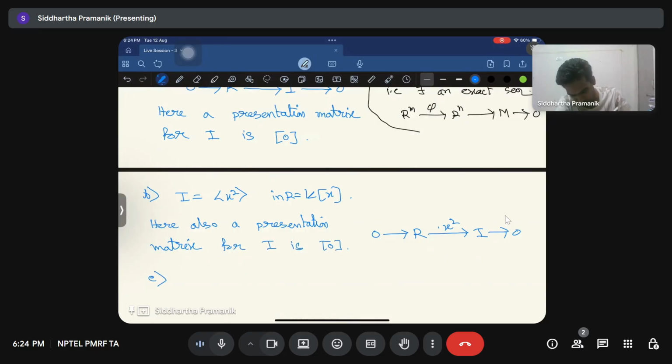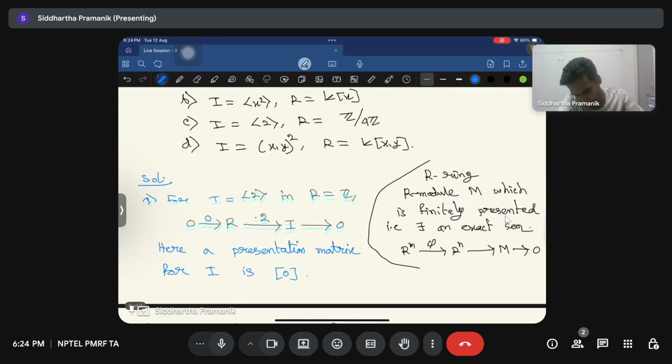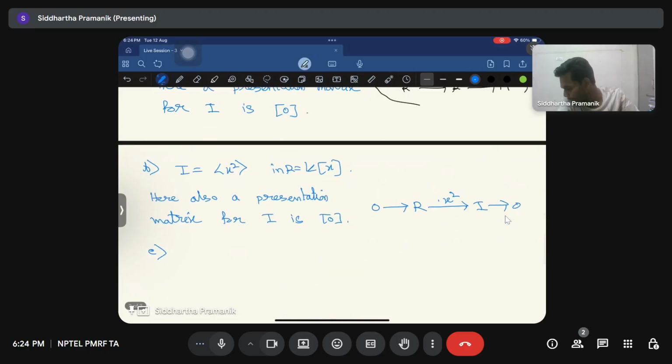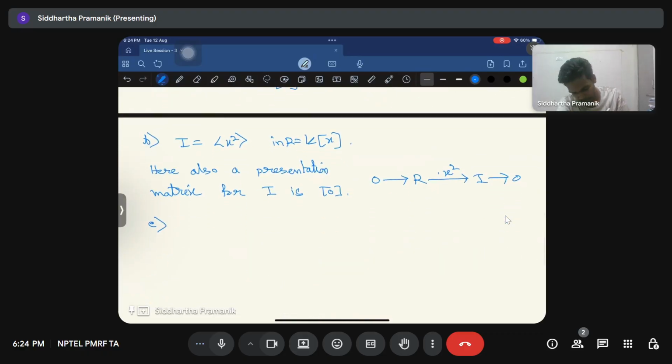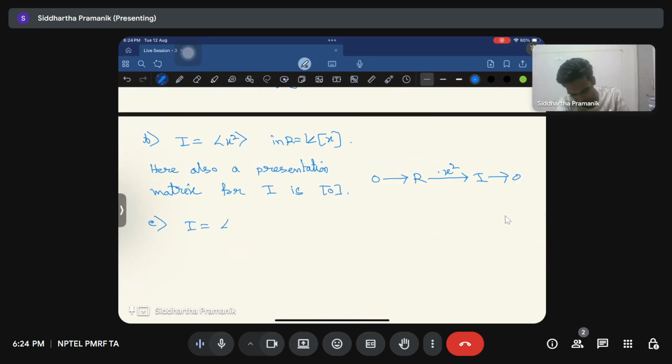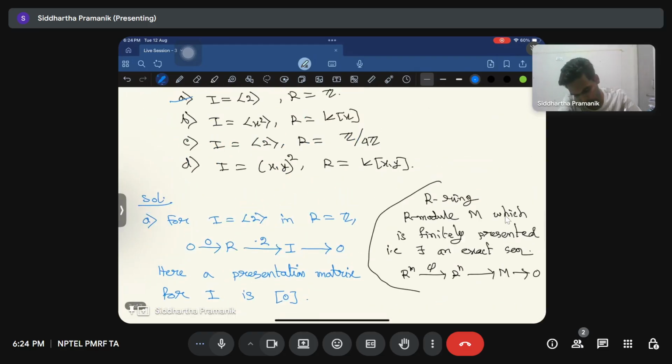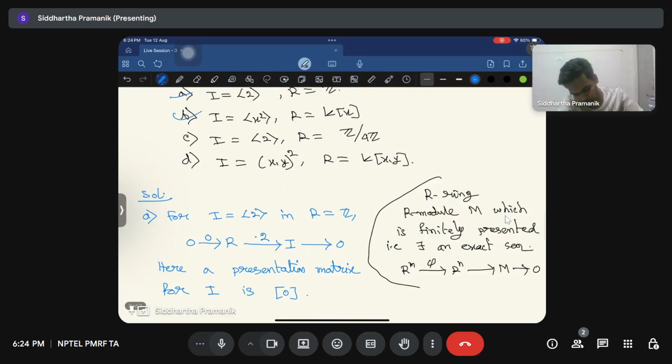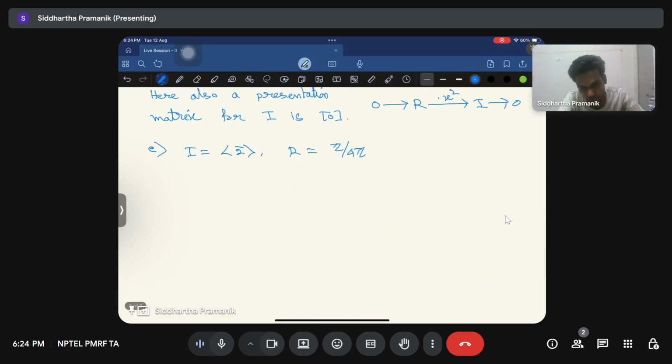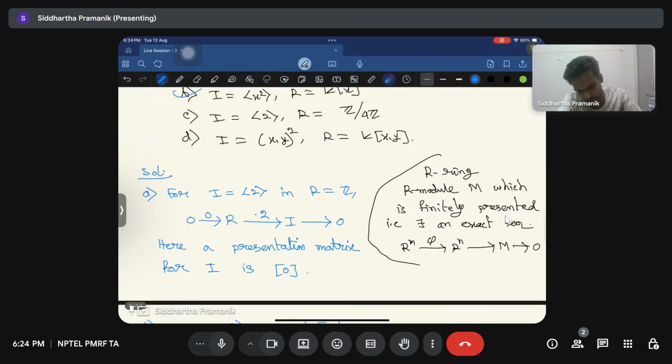Now let's see part C. Here I is basically the ideal generated by 2 bar, where your ring is Z mod 4Z. So let's try to find an exact sequence like this.